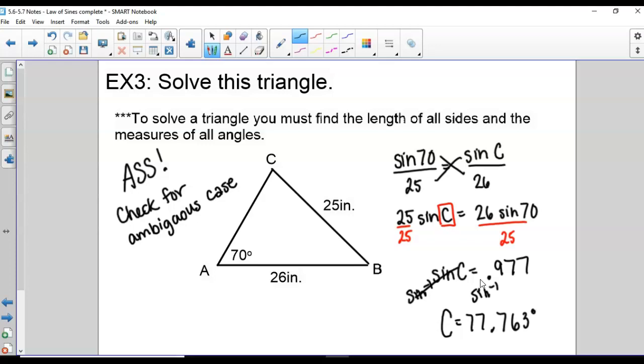So to check for ambiguous case, we're going to do 180 minus the 77.763 degrees.